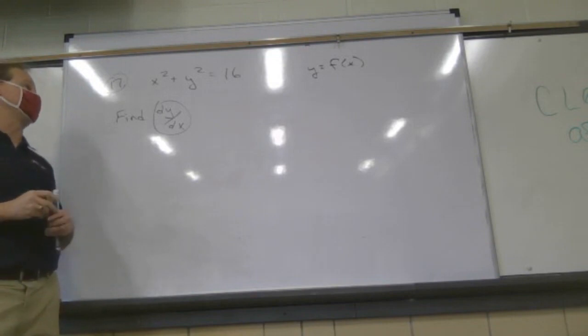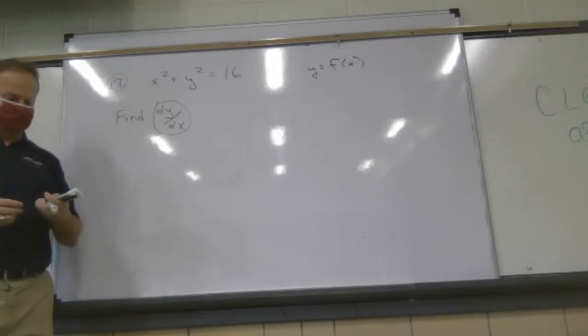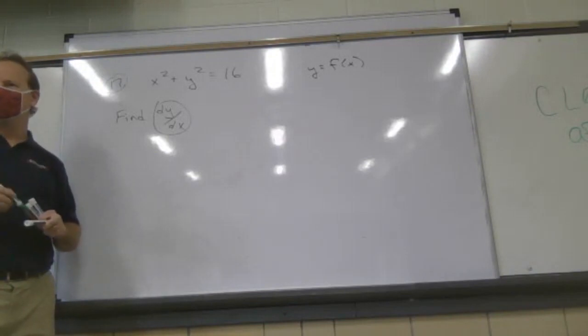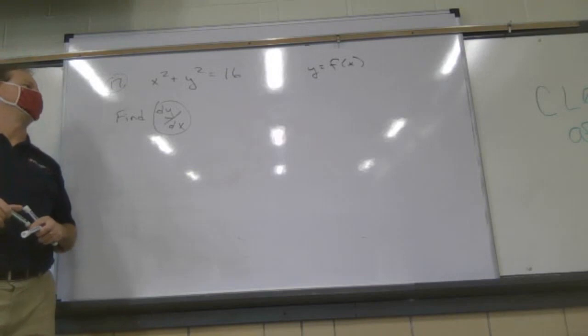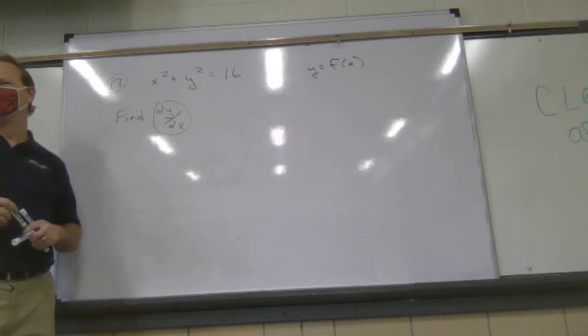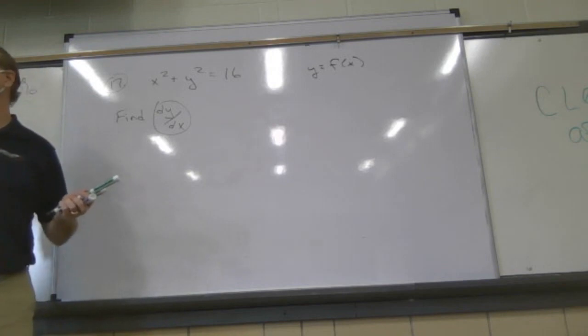So what do I have to do to both sides of the equation then? This is the class participation part of the class. Take the derivative, right, with respect to what? x.